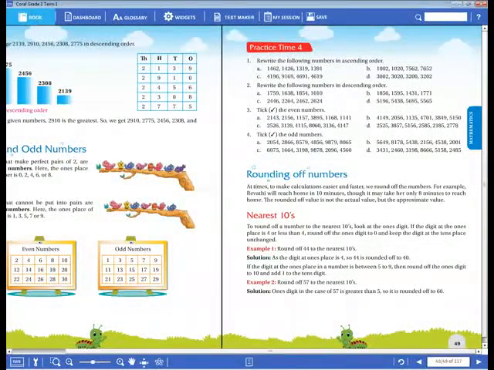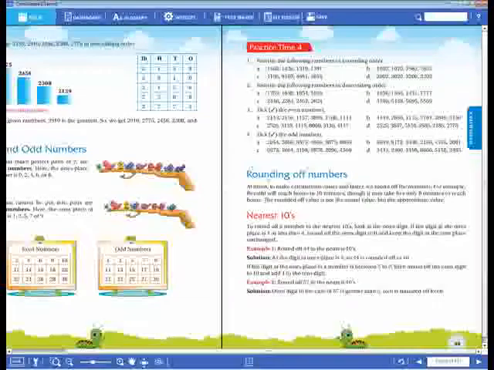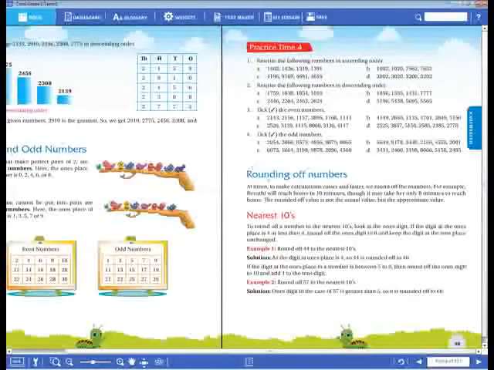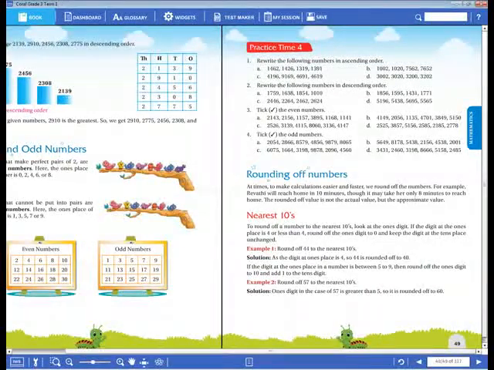Now, rounding of numbers means what? In this 34, which is the tens place? 3. And which is the ones place? 4. So how do you write the nearest tens of this given number? We have to find the tens place.